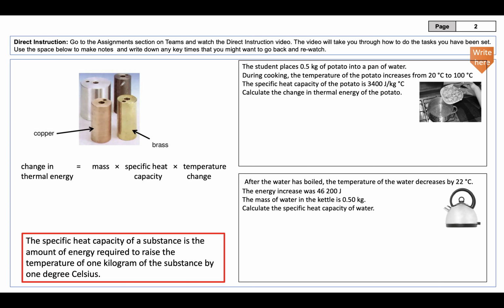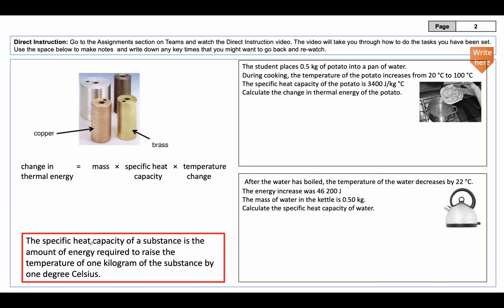That density isn't the only property that's different. These all have a property called their specific heat capacity, and because they have different specific heat capacities, if we supply energy to them, they're going to increase in temperature at different rates. I've highlighted this definition on the bottom over here.